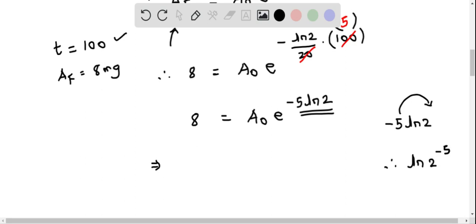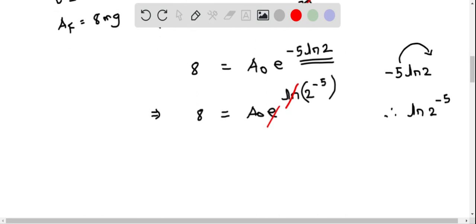So this implies 8 equals A naught e raised to the power of the natural logarithm of 2 to the power of negative 5. Now we know that the exponential function and the natural logarithm function are inverse to each other, so they cancel out each other, and we have 8 equals A naught times 2 to the power of negative 5.